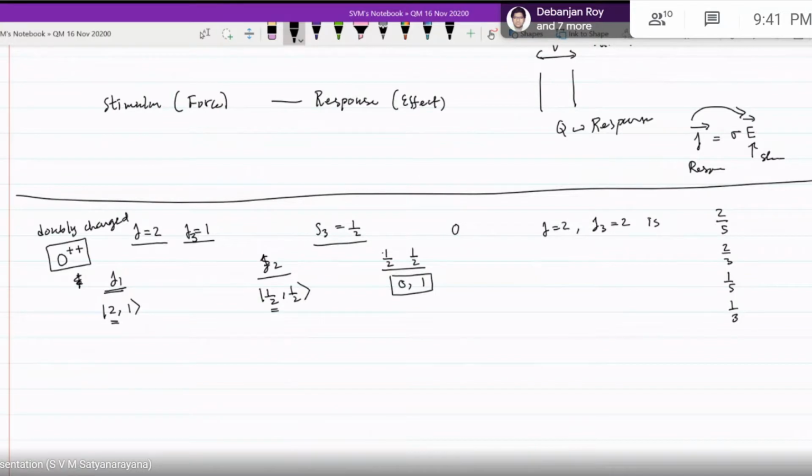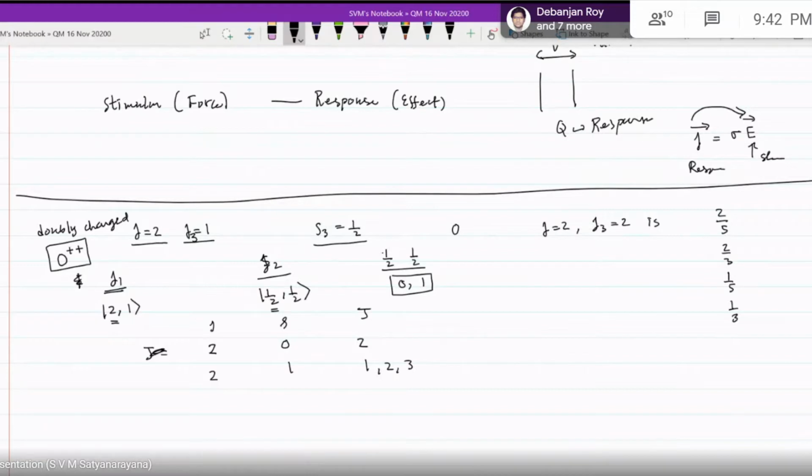This is the spin part of it. And you already have 2. So the possible total angular momenta: this is your J and this is your S. It can be 0, so the total angular momentum is 2. I will call this J here. And if this is 2 and this is 1, then the total can be 1, 2, or 3.